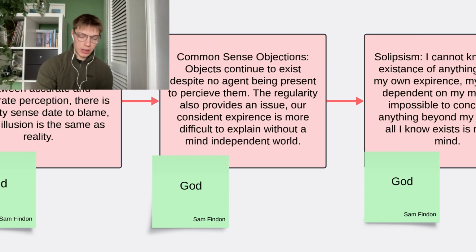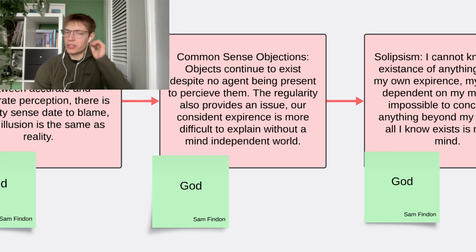But the next criticism is of solipsism. My experience is completely mind dependent. The key idea here is that I can be certain of no knowledge but of my own mind. And so we're really in this place of solipsism.